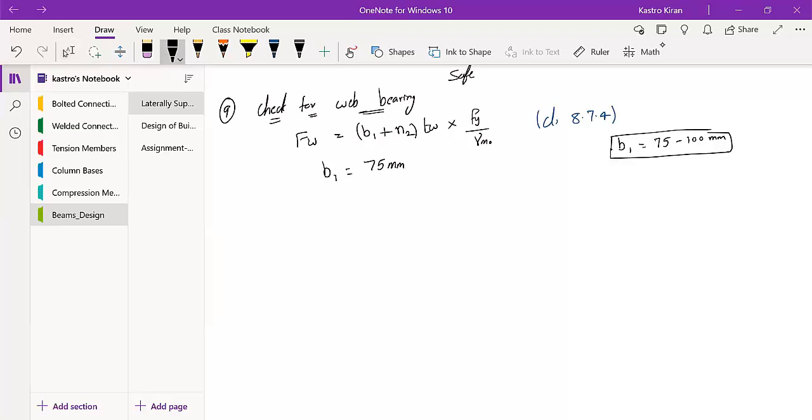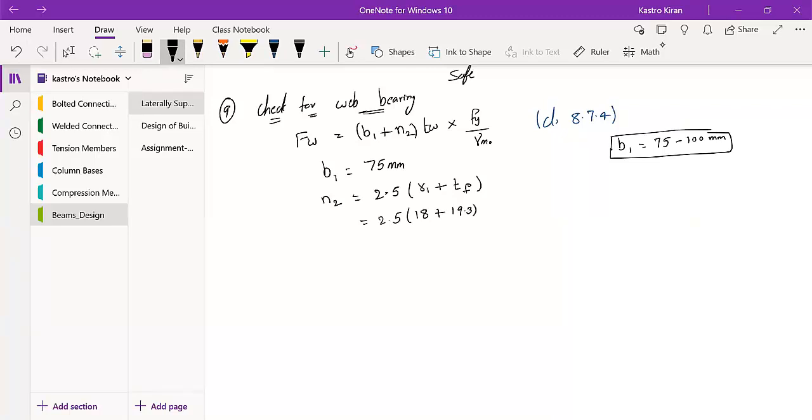Here the value of N2 is calculated using the formula 2.5 times R1, that is radius at root, plus thickness of the flange. So 2.5 times the R1 value, which is 18 mm, radius at root, and the thickness of the flange is 19.3.